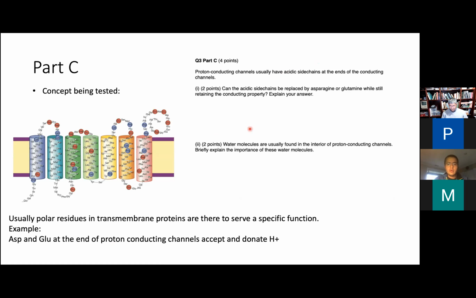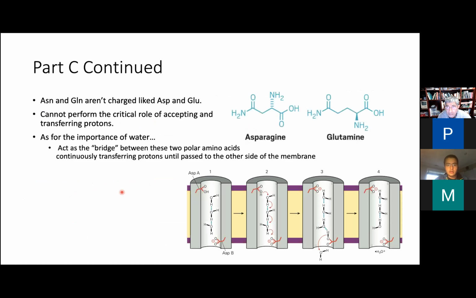As I said before, in the transmembrane proteins, most amino acids are nonpolar, but the polar ones have a very specific function. In this case, the aspartic and glutamic acids conduct protons across the channel and donate H+. Then it's asking, can asparagine and glutamine do this? If you change them, these two aren't charged, so they can't do the same accepting and transferring of protons. So the answer would be no, the channel would not work.